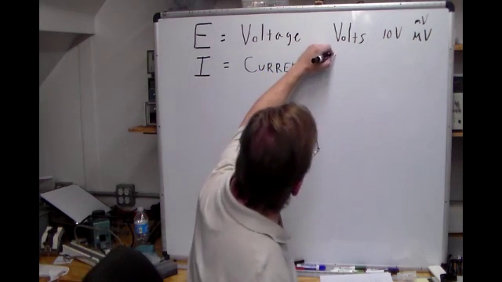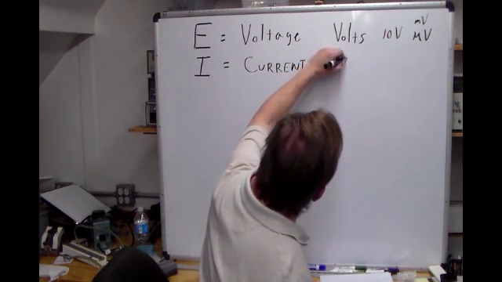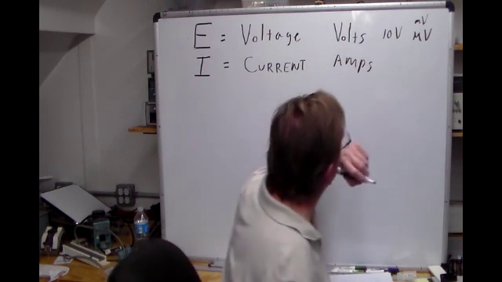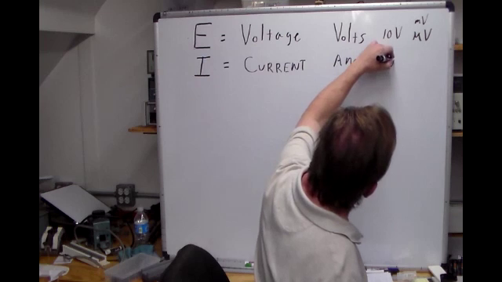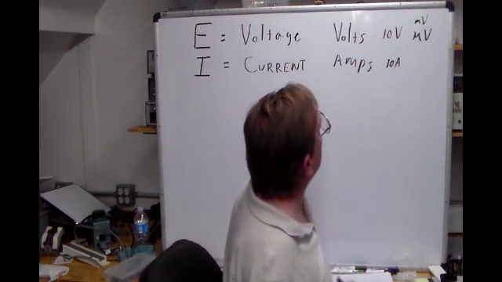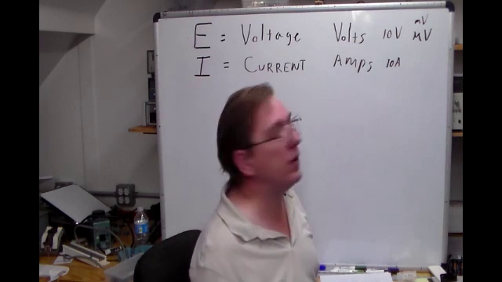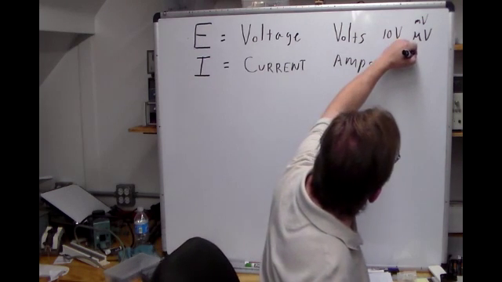And that's going to be in amps. And so it's like 10 amps. And likewise, most of what you're going to be working with is going to be thousandths of an amp. And so that'd be like milliamps.